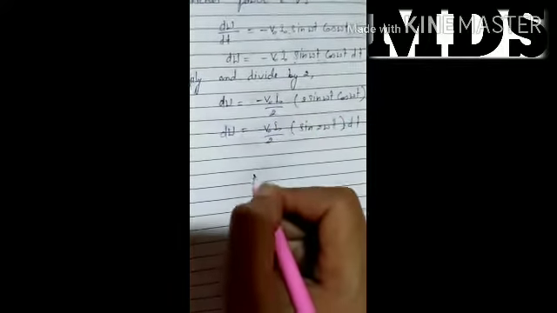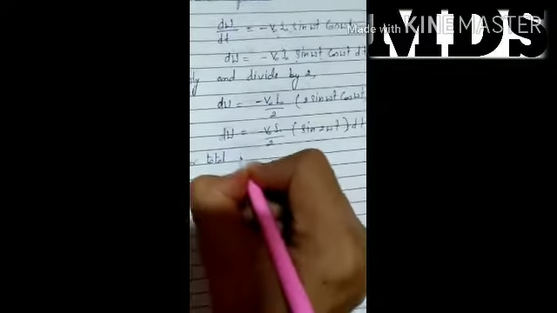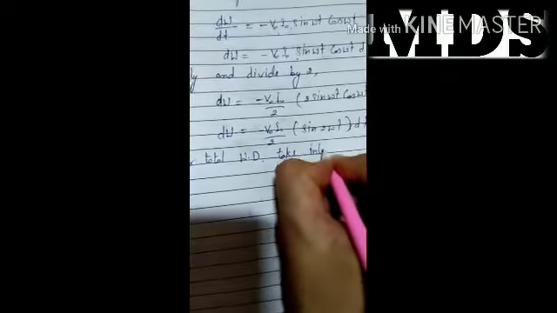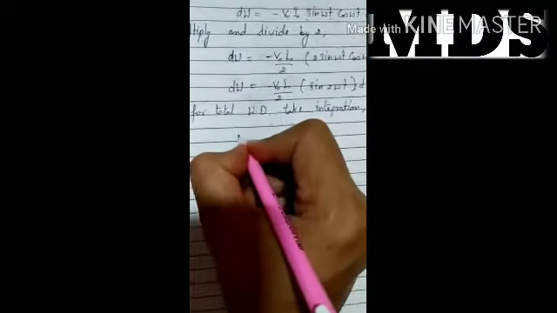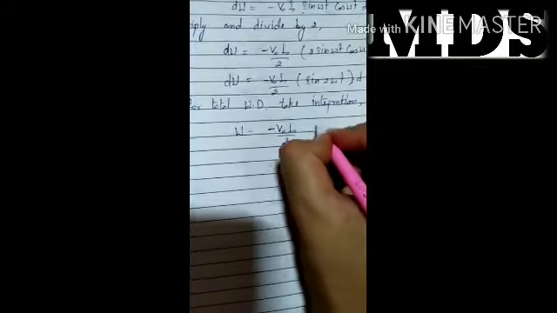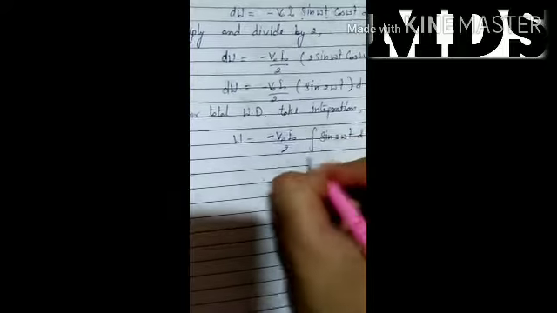This one is the small work done. Now for the total work done, take integration. Then the total work done W equals minus V naught I naught by 2 integral of sin 2 omega t dt, from 0 to T, that is a time period.